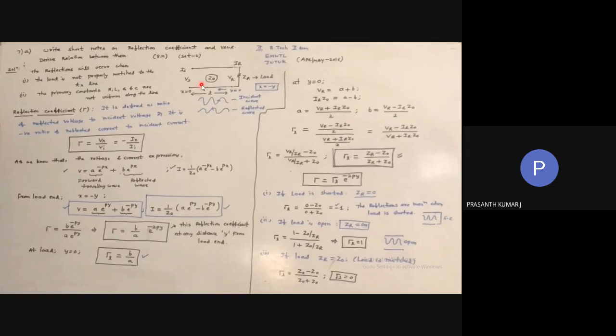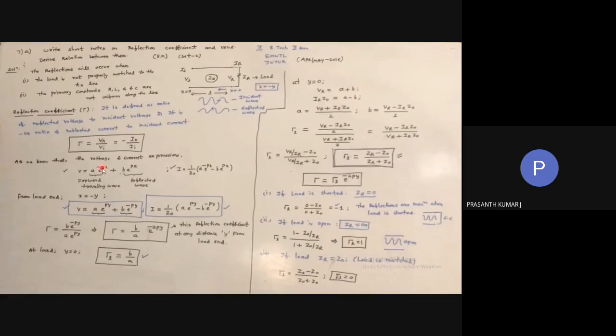Now, if you look at this diagram, x equal to 0 at the source, and the length of the transmission line is small l. At the receiving end, y is equal to 0. Which direction is y in? It is in the opposite direction to x. x starts here and ends here, y starts here and ends on this side. So we can write x equal to minus y.